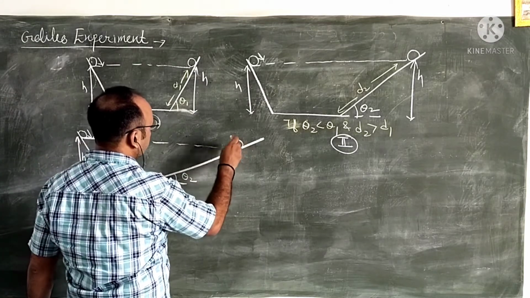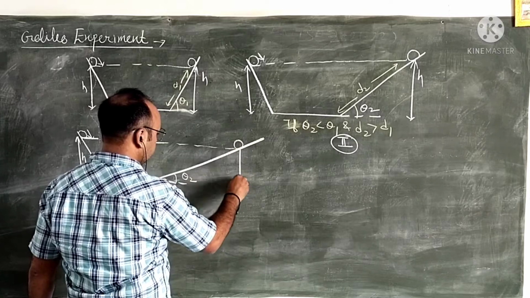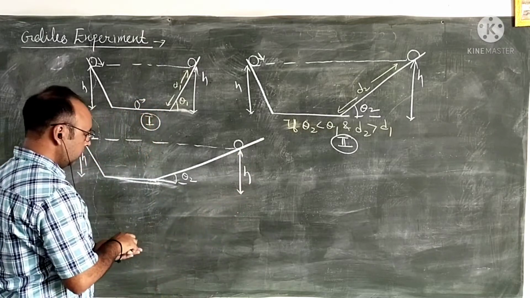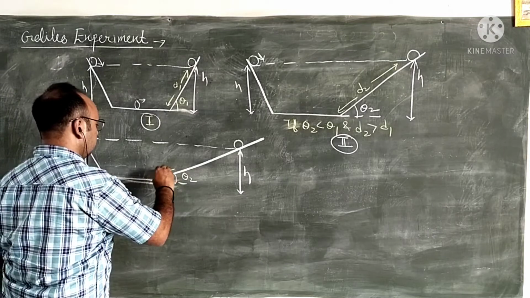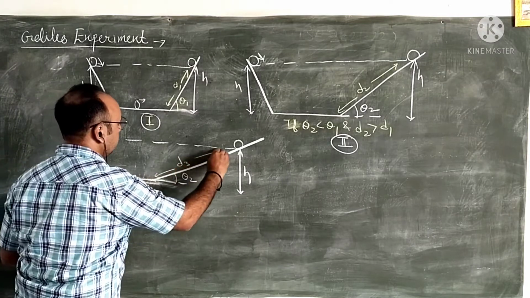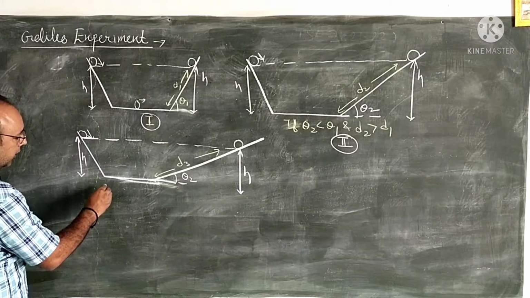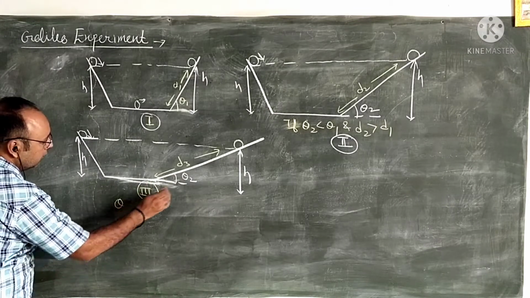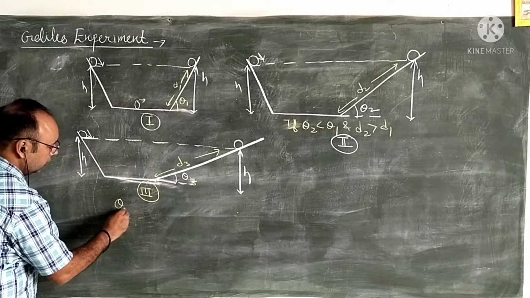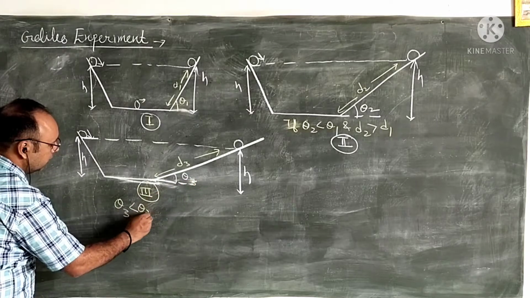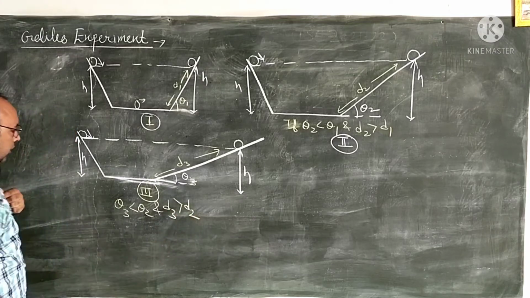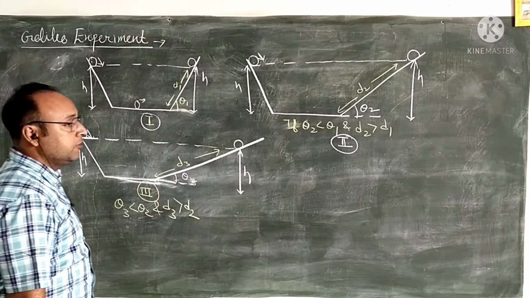We observe the ball reaches here, attaining the same height h, but here we observe this is d3. This is case number 3, with angle theta 3. Theta 3 is less than theta 2 and d3 is greater than d2.